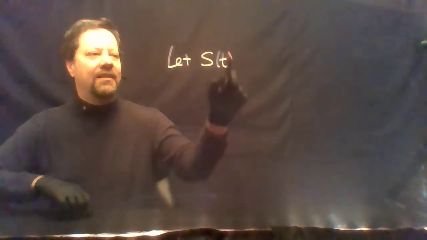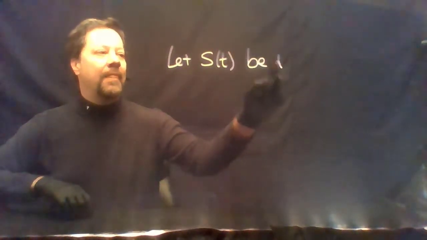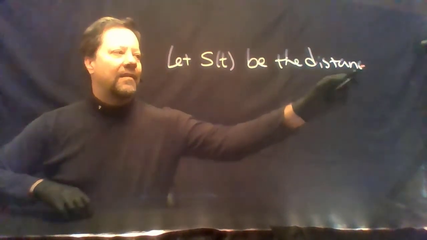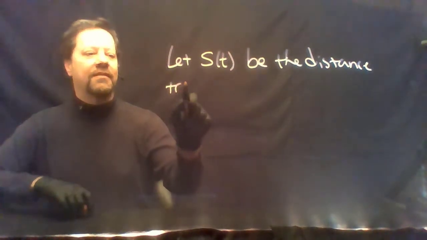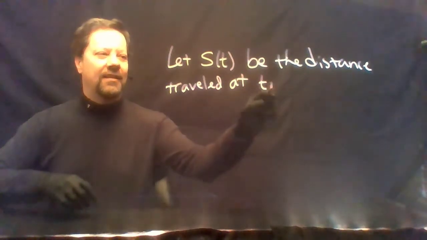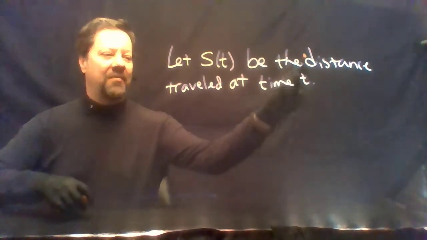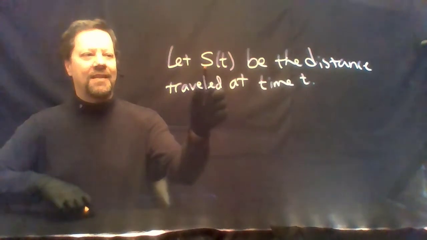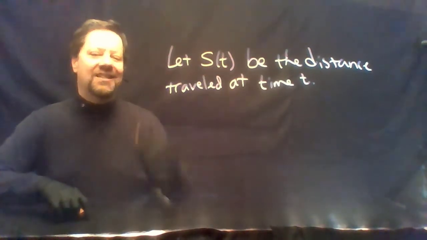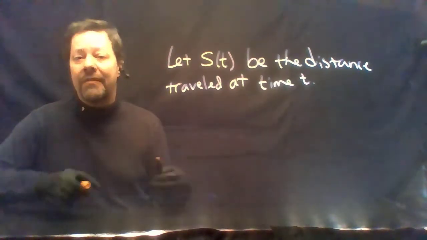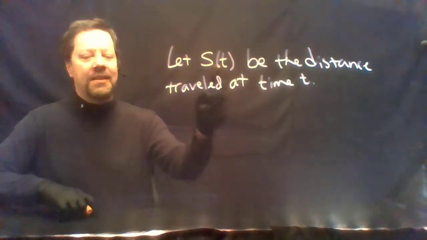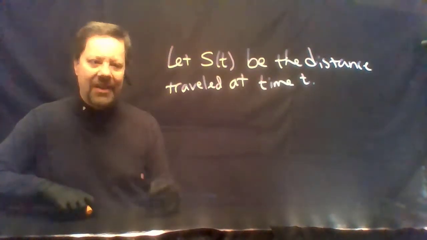Let S of t be the distance traveled at time t. So for instance, at t equals 0, I might have traveled 0 miles down the road. At t equals 15.5 hours, I will have traveled 1,000 miles down the road. So this is how far I've traveled after t units of time.